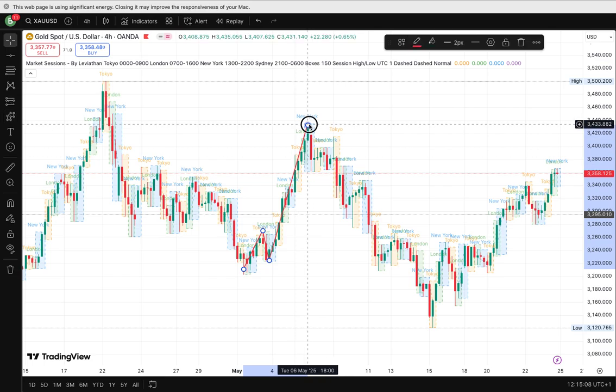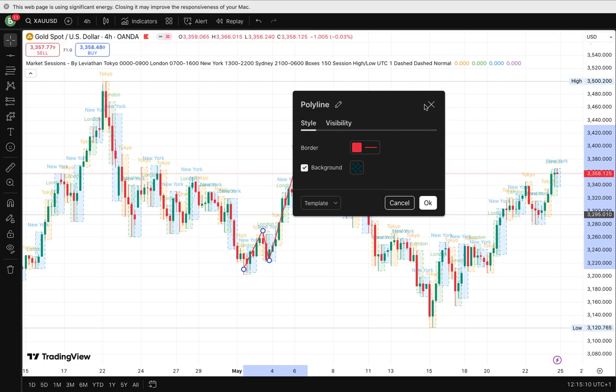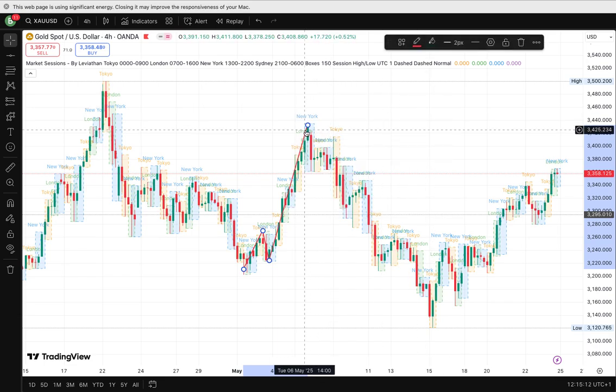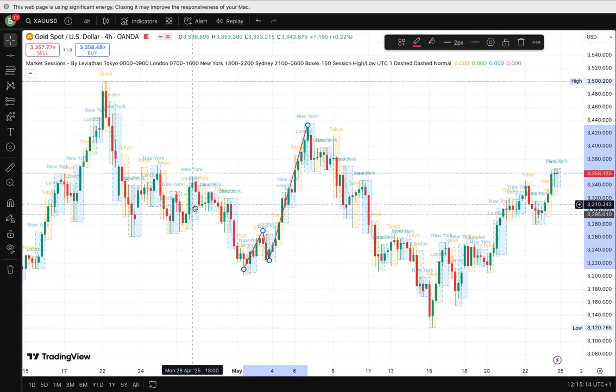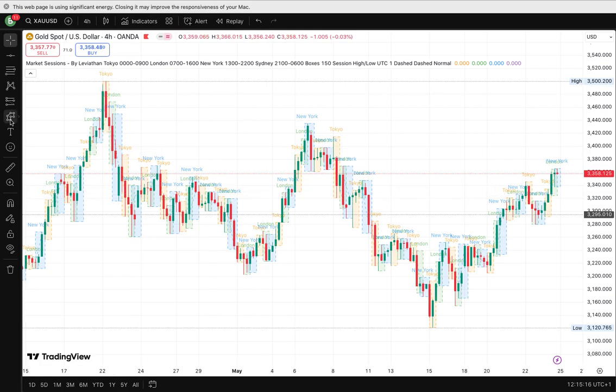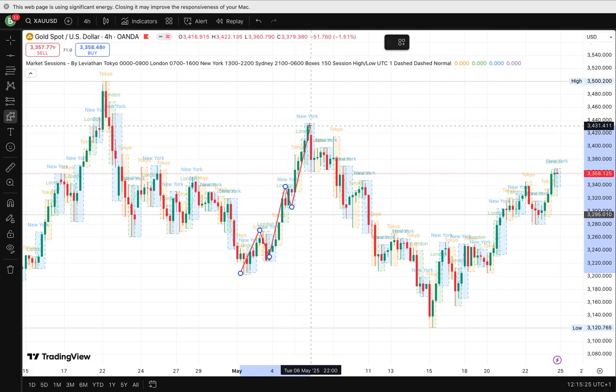Even at this point, we can say that there is a break here. It's a little break here. You can see it push to the top.